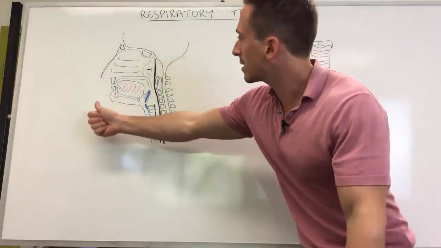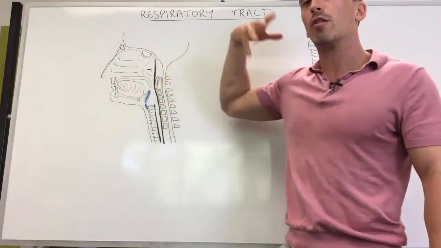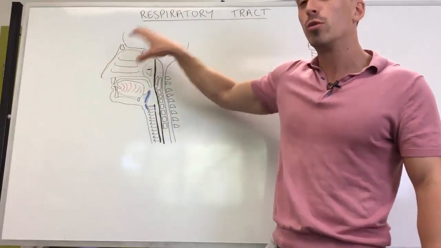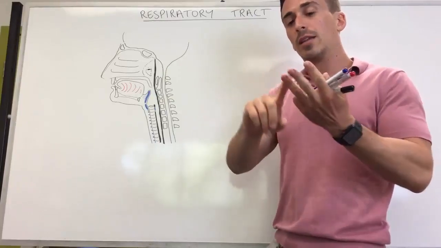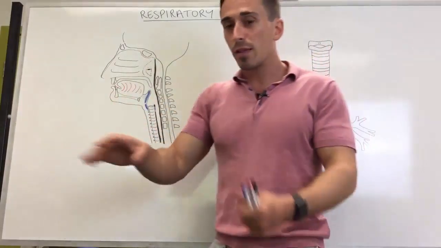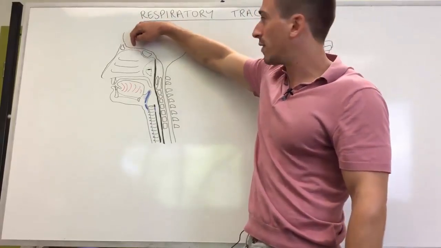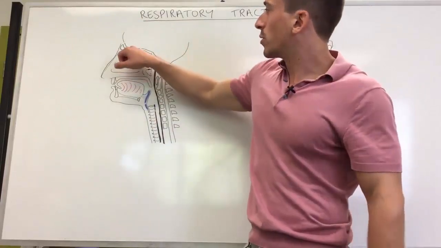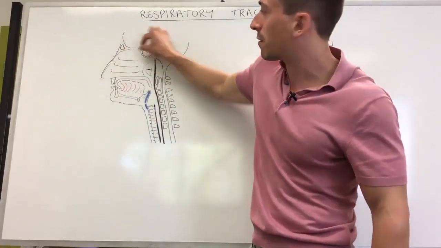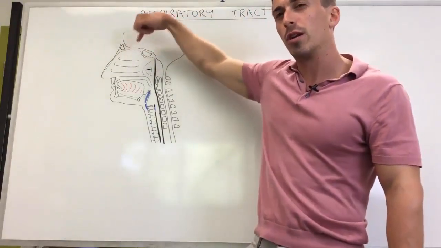Okay, so this air's come in. It's been turbulated by these conchae. It's touched the nasal mucosa, and it's filtered, it's warmed up, and it's humidified. A couple of other things is that what you'll find at the very top here of the nasal cavity are some holes through this bone. Okay? Now, this is called the cribriform plate, part of the ethmoid bone, and neurons project through, called olfactory neurons.